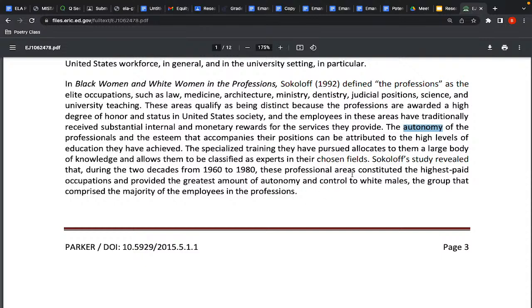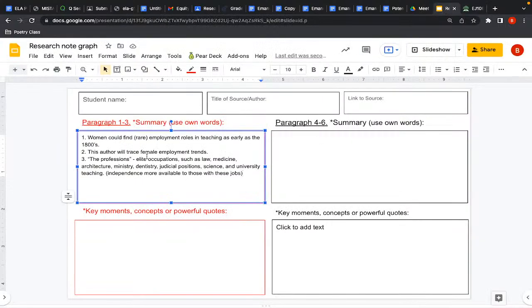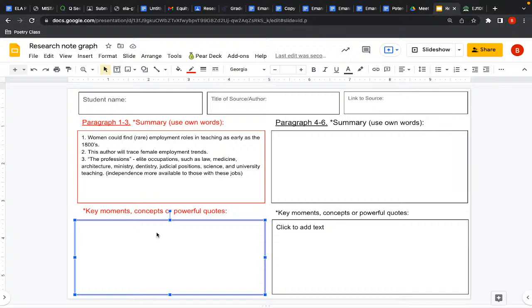Okay, so, and also the big drop here at the end, and so you notice, again, I should go back here. One section I have here for summary, I'm just taking note of the things that are happening. Down here, I have key moments, concepts, or powerful quotes.